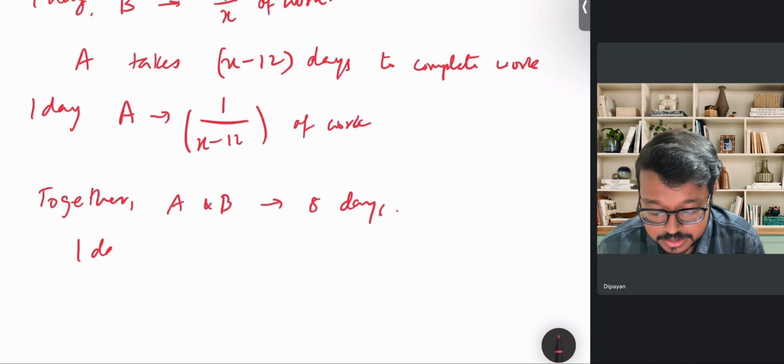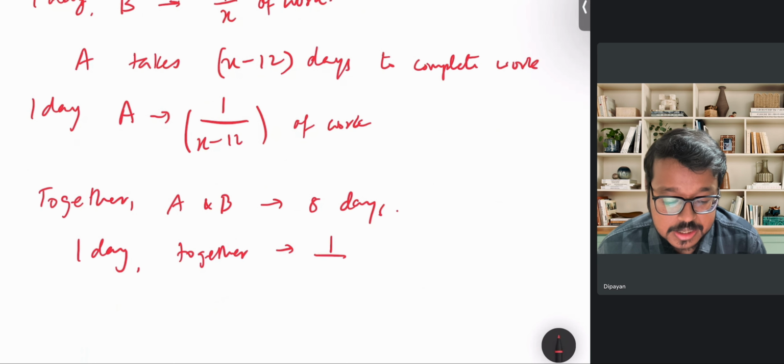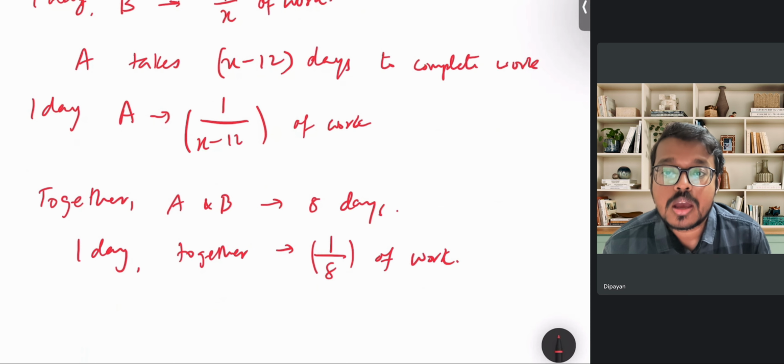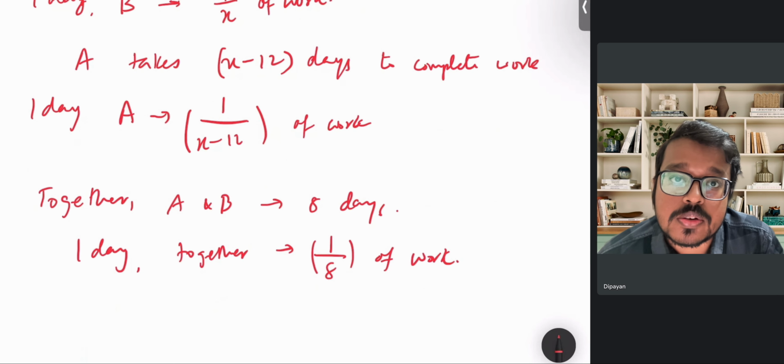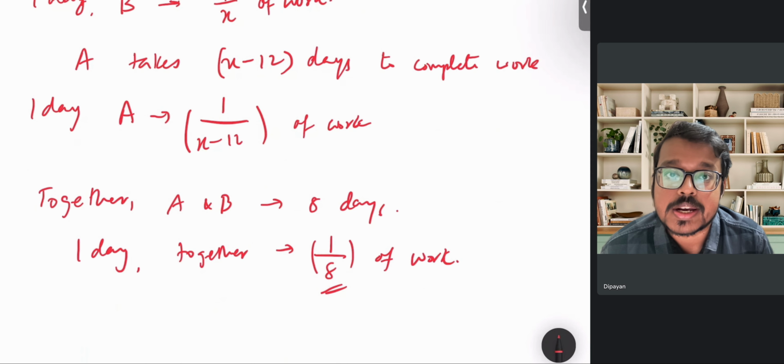So in one day, if they were working together, they are completing 1 by 8 fraction of the work. Also, when they are working together for one day, Amit is contributing his fraction of the work and Bijoy is contributing his fraction of the work. If I add them together, I will get this fraction 1 by 8 of the work being done in one day.